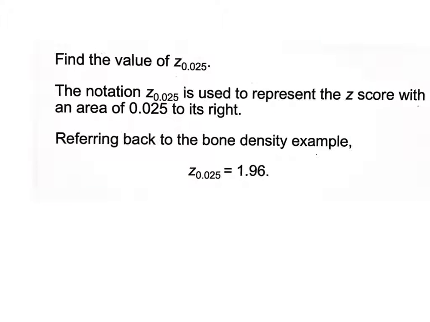Okay, so for example, let's find the value of the critical value z of 0.025. What is to the right of 0.025? This is what it's asking. Let me just draw a rough sketch here.